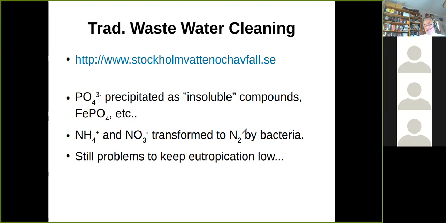And the final product should be nitrogen gas, because then we can release it simply to the atmosphere. There are still problems to keep this eutrophication at low levels, so we don't feed the wastewater recipient with the nutrients.